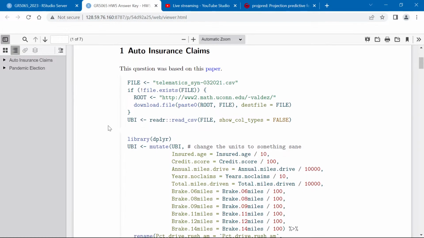This paper, where the data were actually synthetic, but they were synthesized by a researcher, maybe a couple different researchers who had been given access to the real data.